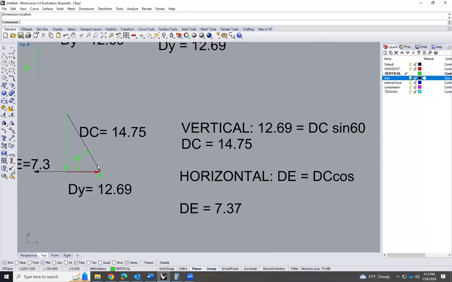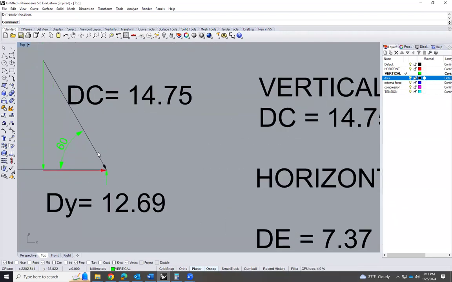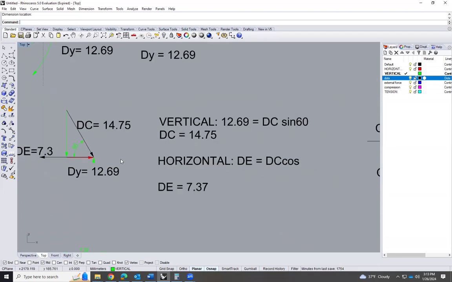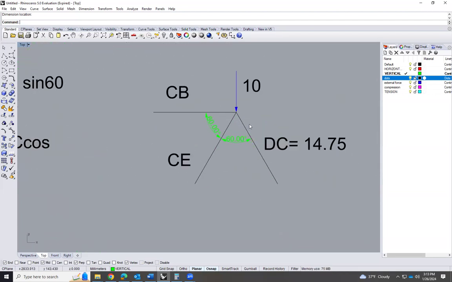So DC, when we are analyzing point D, DC moves towards the point. So if we're analyzing the other point, the arrowhead is the other way around.